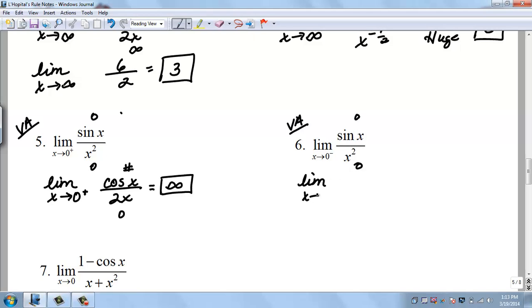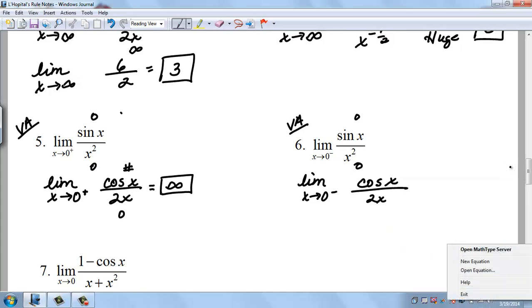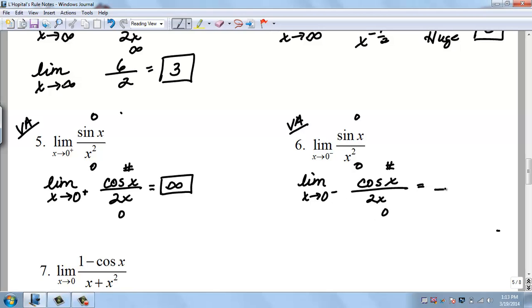I have x approaching 0 from the left. I take the derivative of the top over the derivative of the denominator, excuse me. I still get a number over 0. So when I approach from the left, this approaches negative infinity.